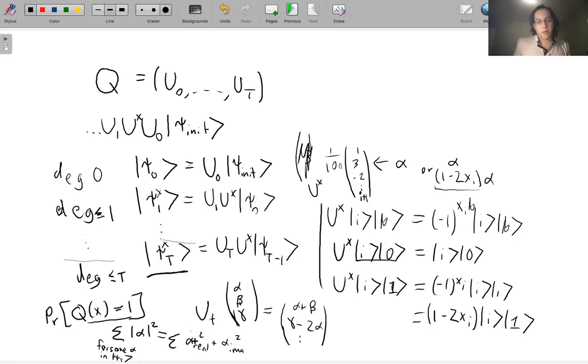Now, remember, we are in this vector psi t of x. So all these alphas, the alpha here is a complex polynomial in these n variables, the xi variables.